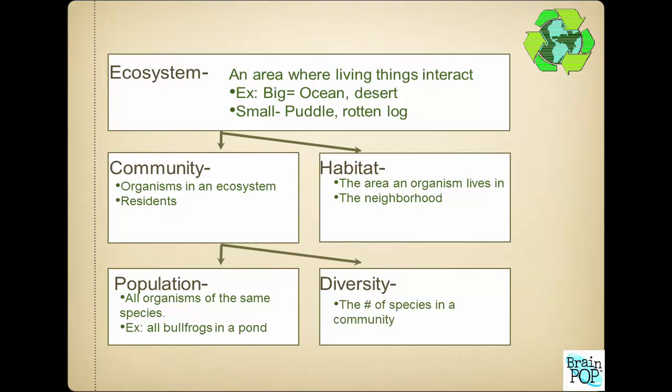Finally, diversity. The diversity of the courtyard ecosystem is not very high. There's not a wide variety of living things in the courtyard. What does diversity mean when we speak about it in terms of cultural diversity or diversity of a school or of a neighborhood?